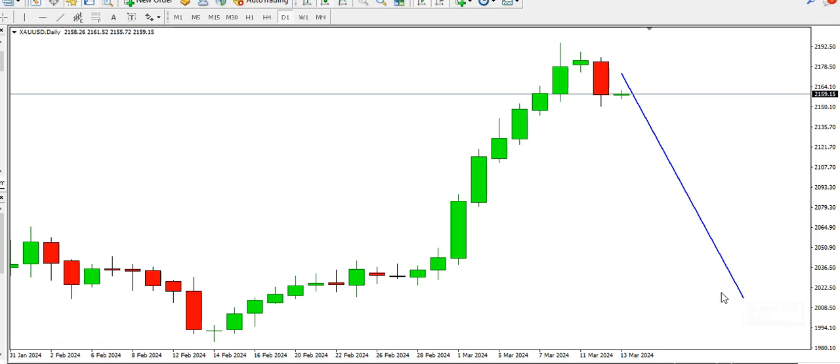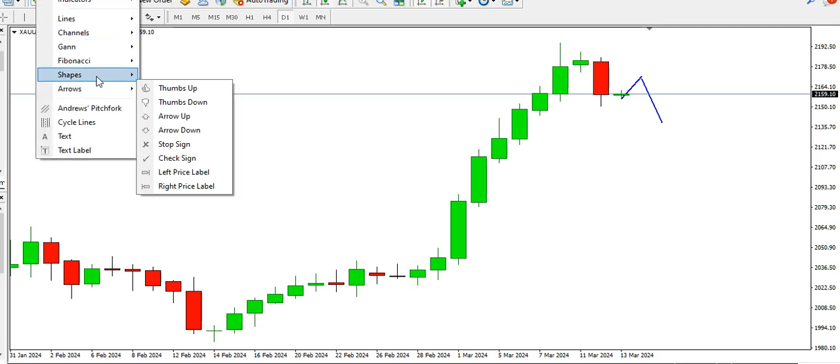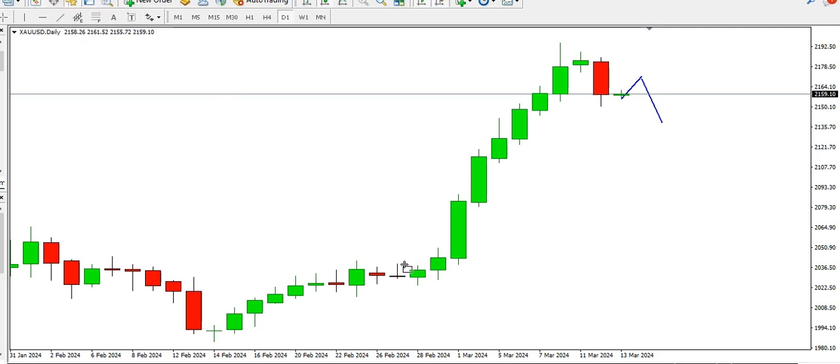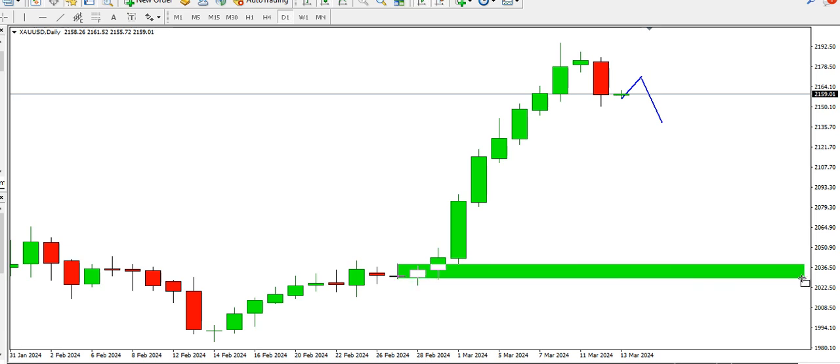We might first see price go up a bit, and then start to drop. But like I said, if price is going to drop, it's going to be a long drop, because we have the order block around here at the 2035 area.